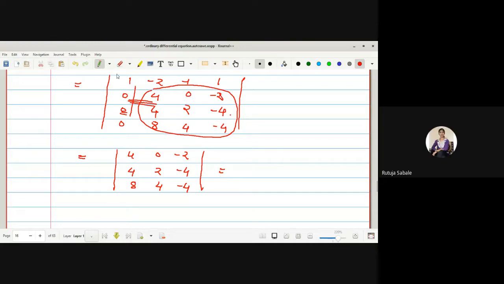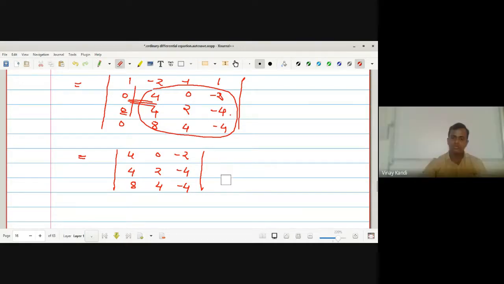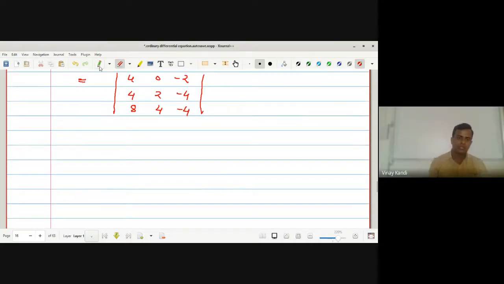Very good. So here we get the Wronskian of phi 1, phi 2 up to phi 5 at point 0, which is equal to 32.